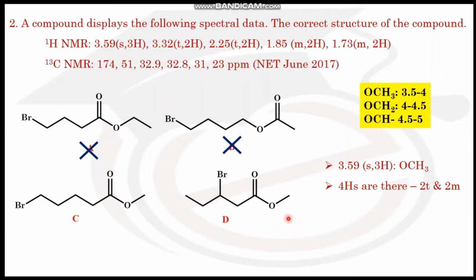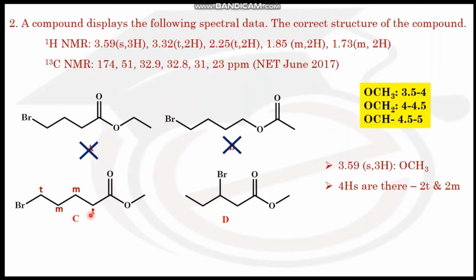First in C, other than OCH3, we have to check the multiplicity of the other hydrogens. This one is attached to a CH2, so this hydrogen will split into a triplet. This one will split into a multiplet, this one also will be a multiplet, and this one will be a triplet.